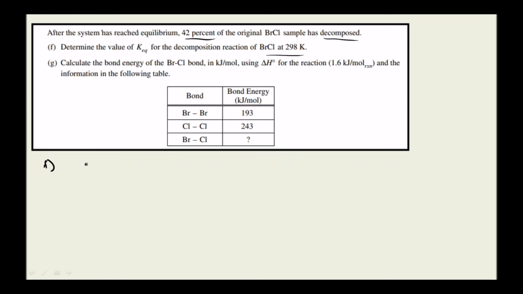So we're going to write out a RICE table to help us organize our thoughts. So in the R for reaction, we have our reaction that's further up in the questions, but we have 2BrCl is in equilibrium with Br2 plus Cl2.